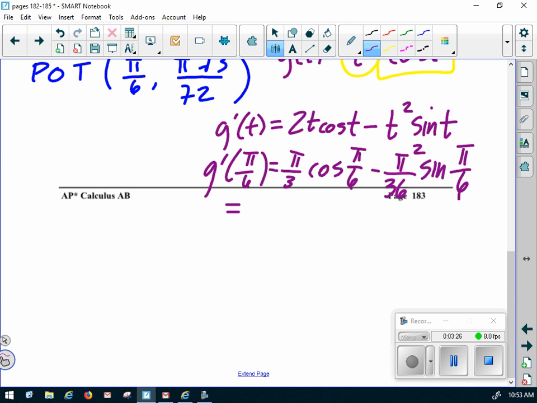You told me the cosine of pi over 6 was root 3 over 2. So that's going to be what? Pi times root 3 over 6. Is that right? Minus, what's the sine of pi over 6? Half. So what's that? Pi squared over 72.